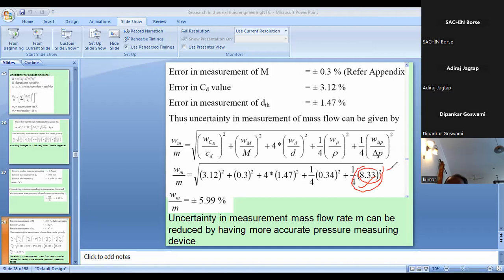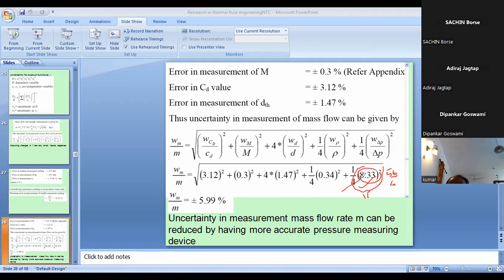So 8 squared is almost 56, divided by 4. So you get almost 16%. So 16 is very big. The largest value is this.